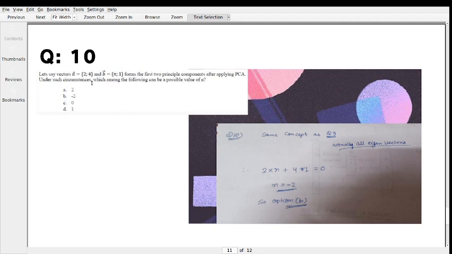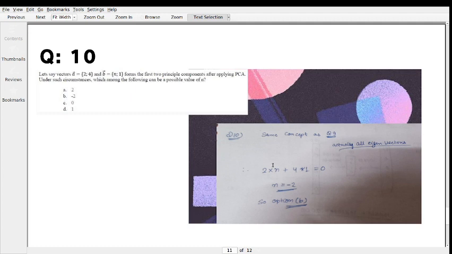In the 10th question it is saying that vectors a (2, 4) and b (n, 1) form the first two principal components after applying PCA. Under such circumstances, which among the following can be the possible value of n? Once again we can apply the same approach as for question 9.